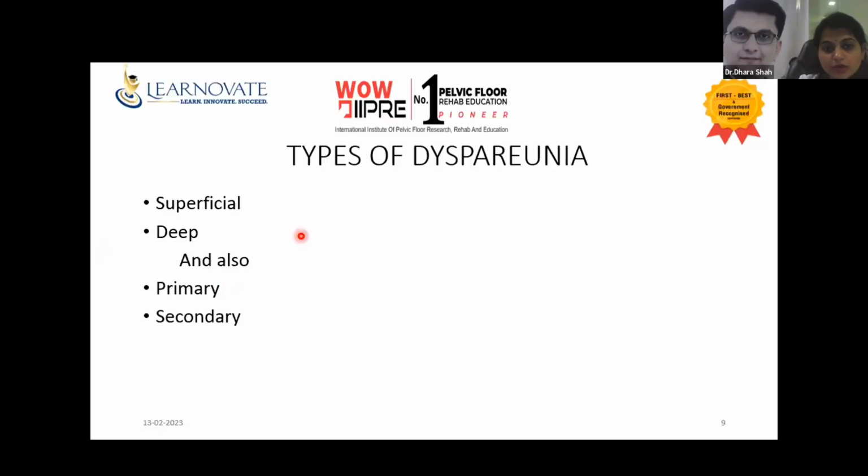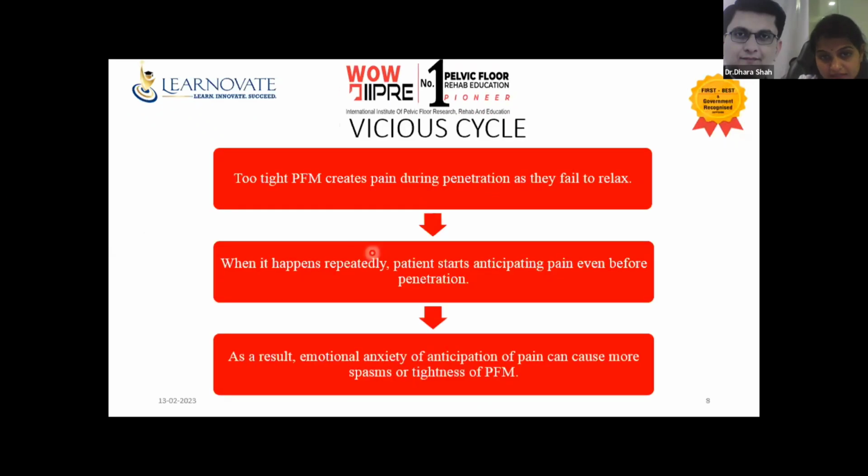Now, the next and most important thing is the vicious cycle of pain and spasm, which every hypertonus or vaginismus dyspareunia female undergoes. So what does this vicious cycle state? It goes like this: too tight pelvic floor muscles create pain during penetration as they fail to relax. If the muscles are too tight and not relaxing, they will lead to pain.